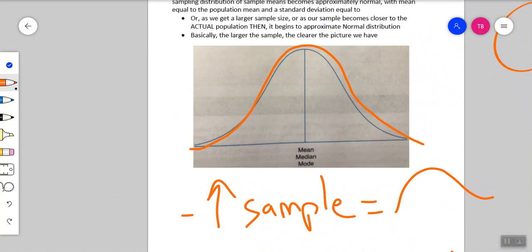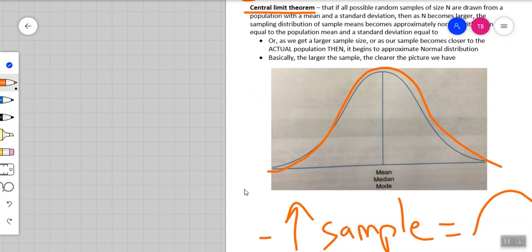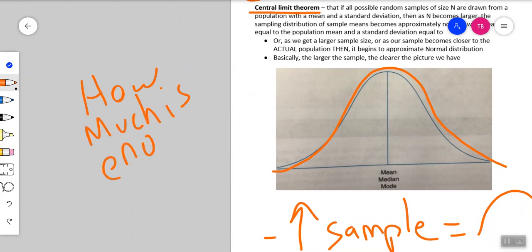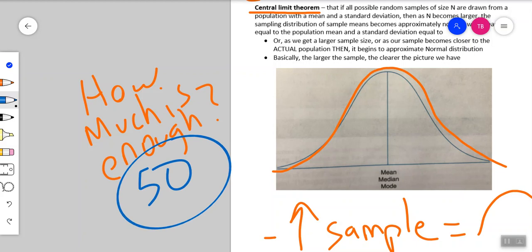The basic idea of the central limit theorem is that the larger this number gets, the more precise it is. So the next question would be, how big is a big enough sample? How much is enough for your sample? The answer is a magical number, really about 50.